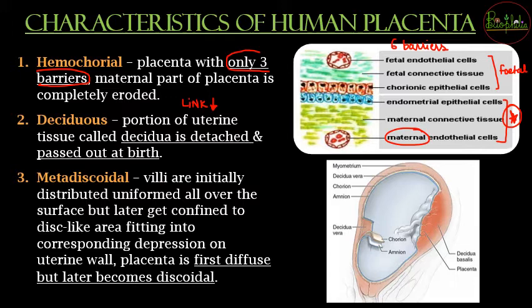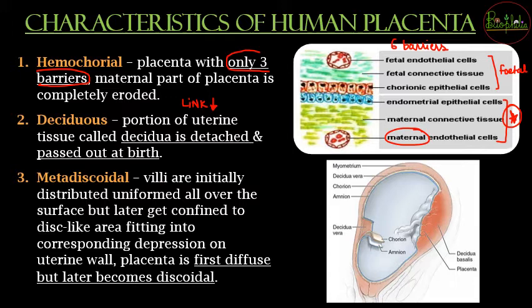So link will be provided to understand the female reproductive system, जहाँ पे we had understood about the uterus and also the decidua. So decidua is going to get detached and it will be passed out during the birth. So that type जहाँ पे decidua detach हो जाता है, that is going to be the type that is deciduous, found in human placenta.